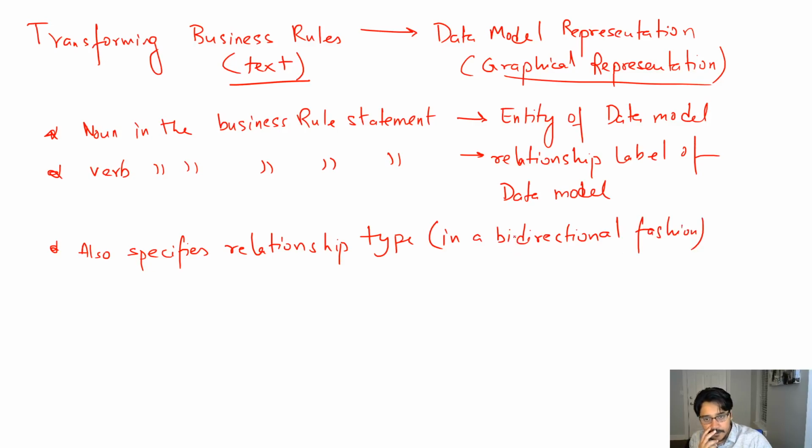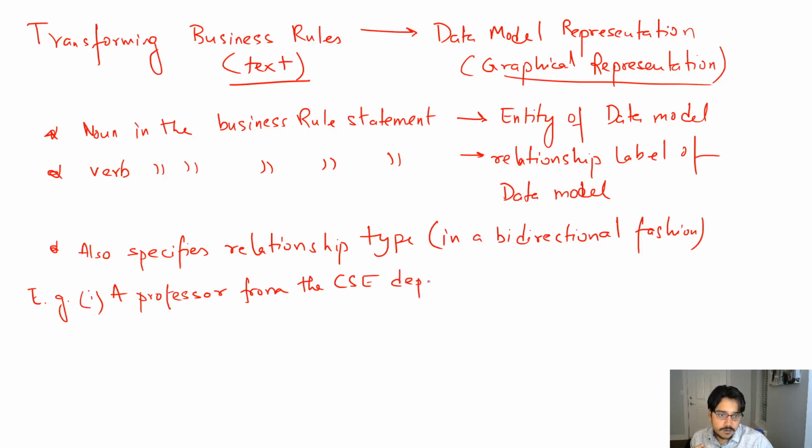Okay, so that means if we say that a business rule typically will be of the format, you will have point 1, which will say a professor from the CSE department will advise multiple students.